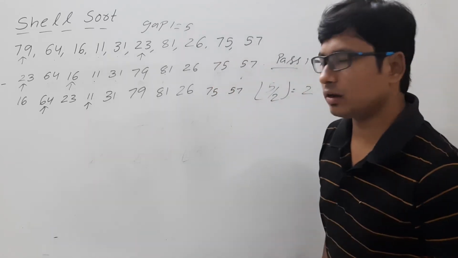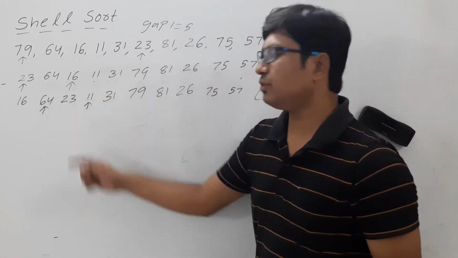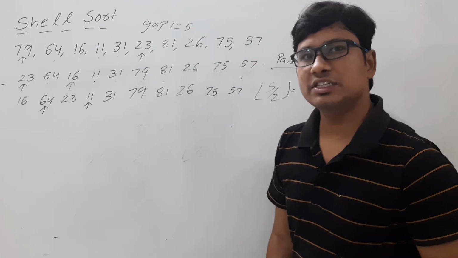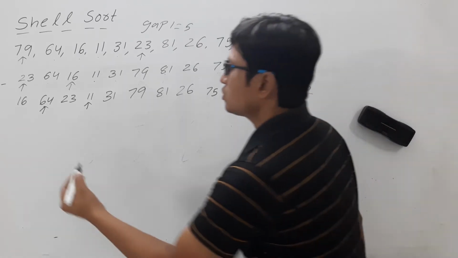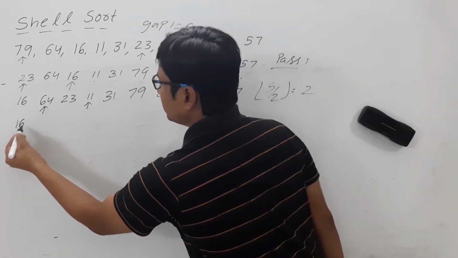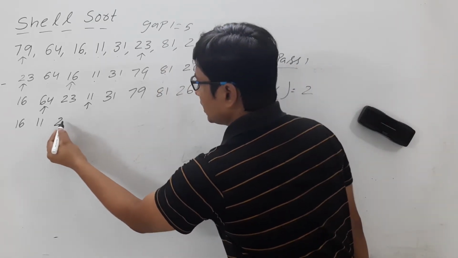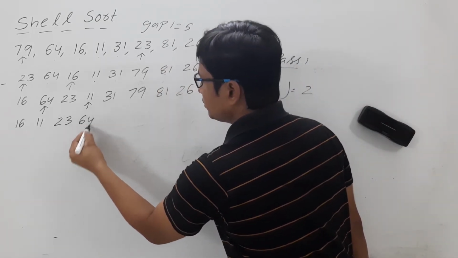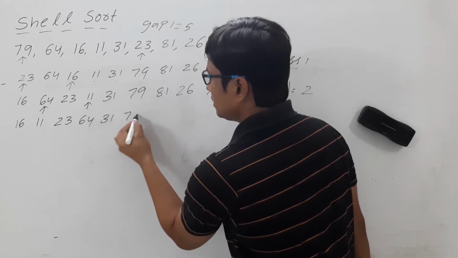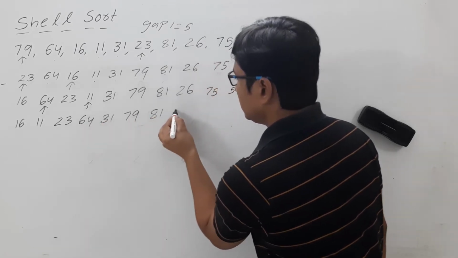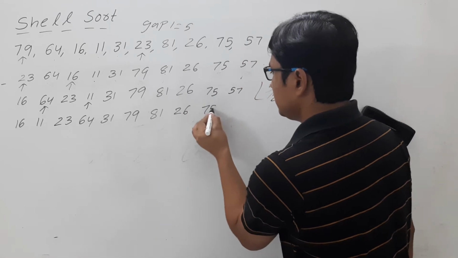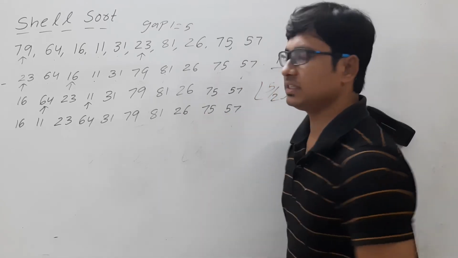Am I right or wrong? 64 is greater than 11, so I need to perform the swapping. So it will be 16, 11, 23, 64, 31, 79, 81, 26, 75 and 57.